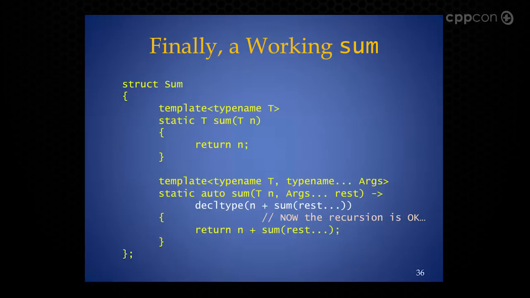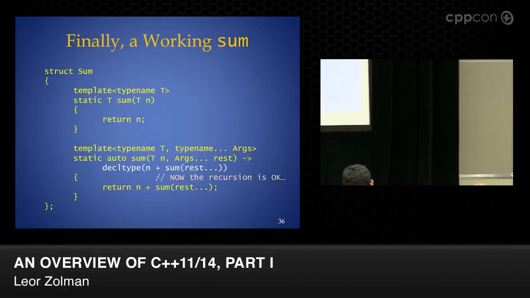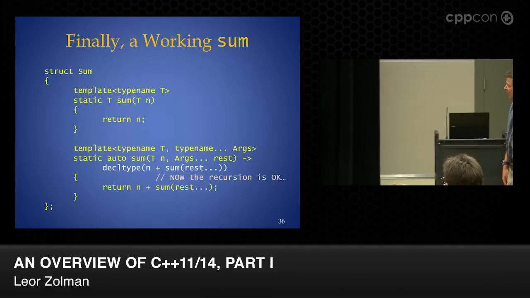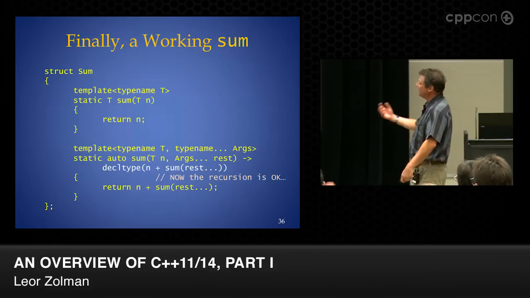So all we do is wrap this stuff in a struct, and it compiles and works. This is the way the language is specified. Don't ask me why. I've never been able to get a straight answer about that, and I've tried. Somebody knows why this is. So this is the workaround.